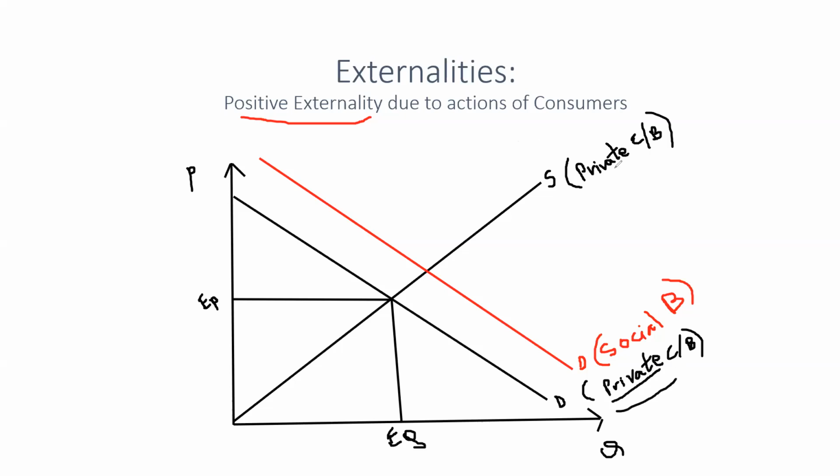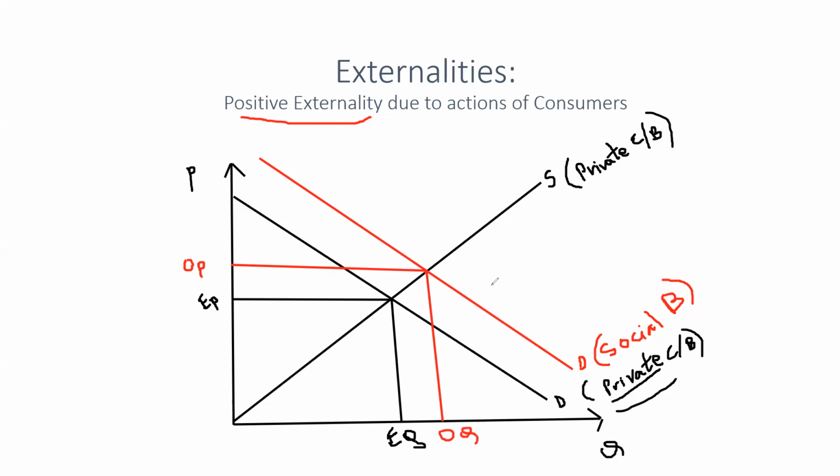The moment we consider the effect on the society, the social part, what becomes this point? Instead of calling this point equilibrium, I'm going to call it optimal. And I'll tell you the difference between the two very soon. So this becomes the optimal price, and this becomes the optimum or optimal quantity.